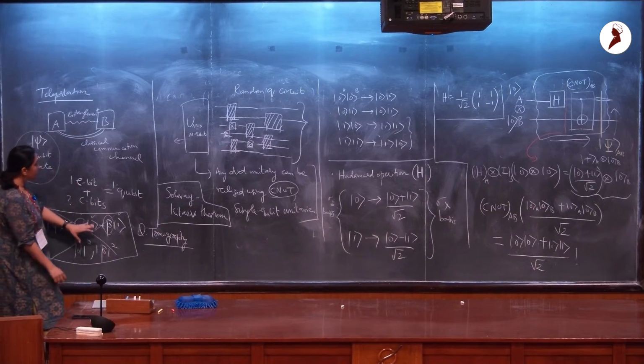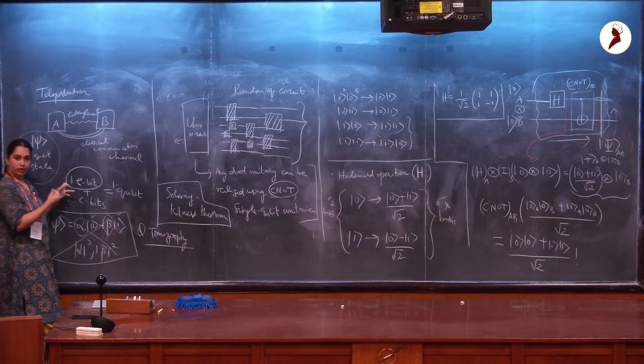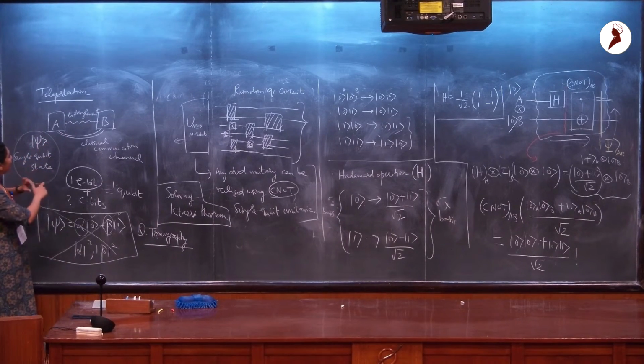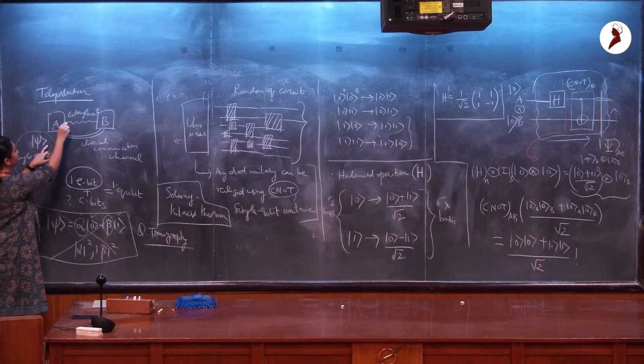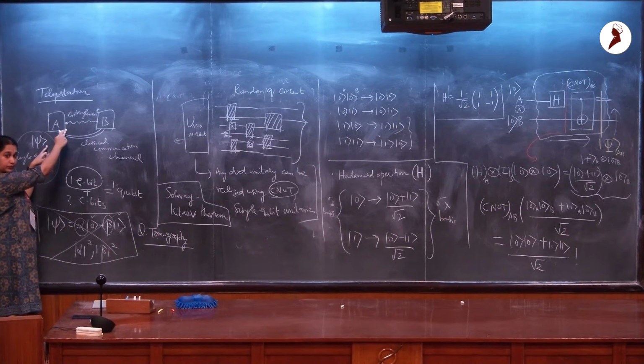So that is the reason, that is where sharing this entangled state helps. You don't need to know what the state is. You don't need to measure, do tomography, identify the state, etc. You simply need to perform certain operations, unitary transformations, involving this state and the one half of the entangled state that A has.